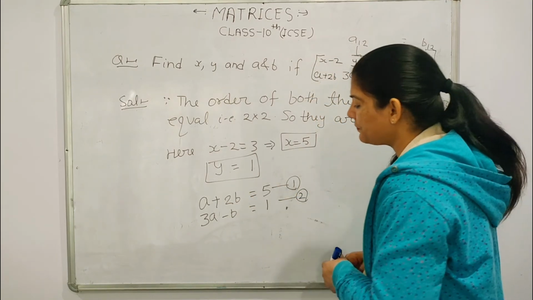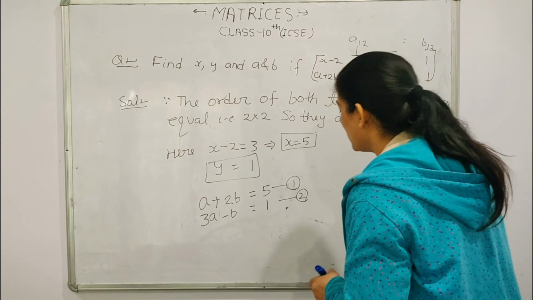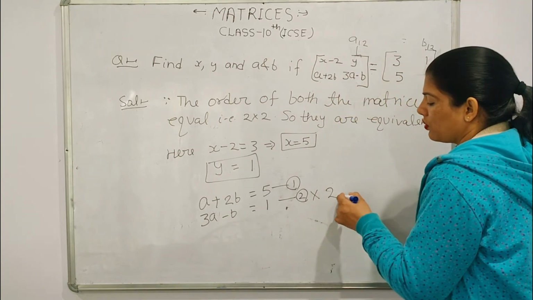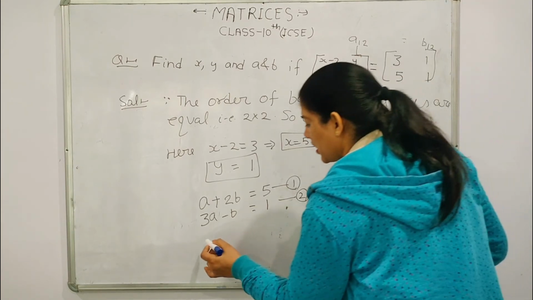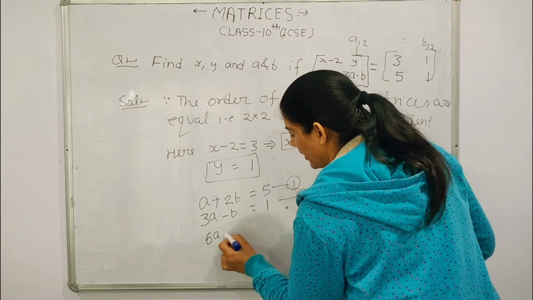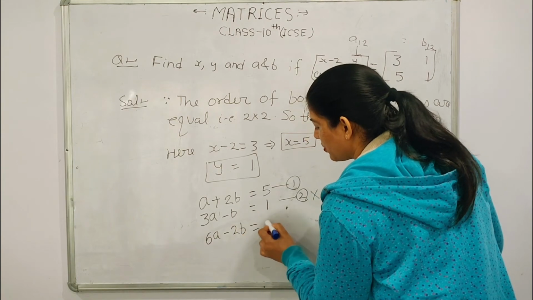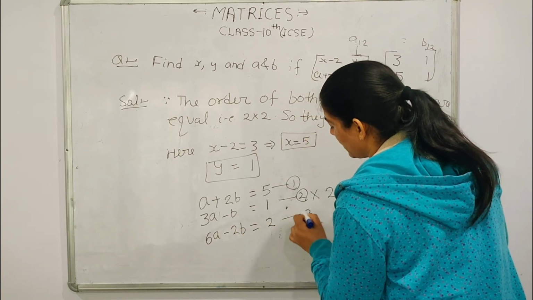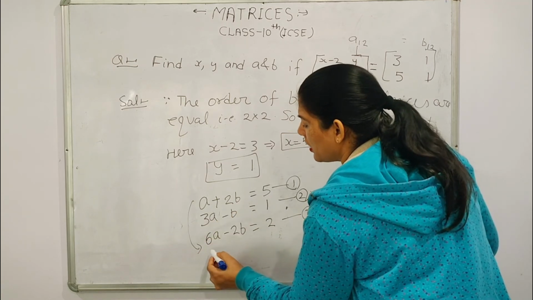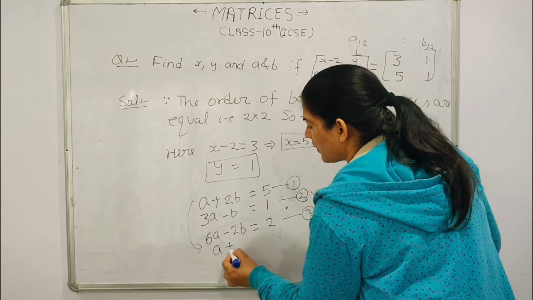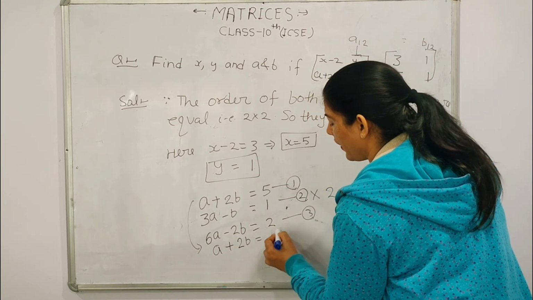So we should multiply the second equation by 2 to make the coefficient of B equal here. It gives you 6A minus 2B equals 2. Suppose this is the third equation. Write the first equation below it. It gives you A plus 2B is equal to 5.